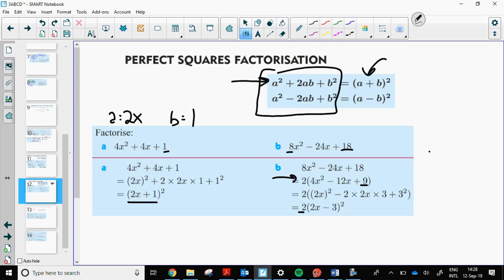Is 9 a perfect square? Yes, it's 3 squared. Is 4x squared a perfect square? We just agreed that it was. Yeah, so that's 2x squared. We've got a minus here, so just be careful of that. That means we're going to have a minus in the final answer. We've got a, which is 2x, minus b, which is 3, squared. Dunzo.